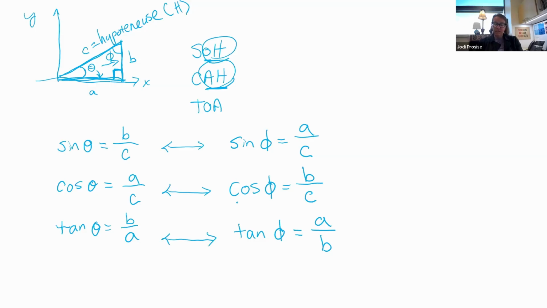Our angles are not defined by the sine and the cosine. They're defined by the opposite, adjacent, and hypotenuse and the relationship of those.